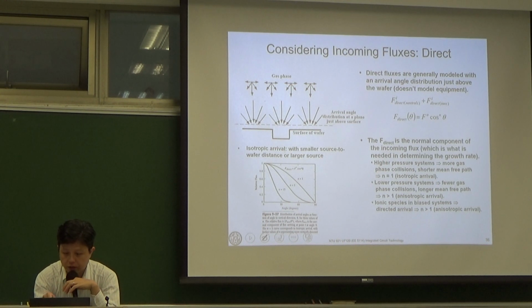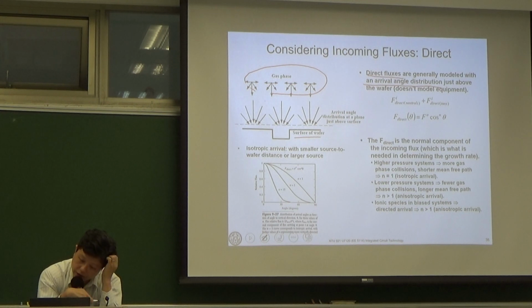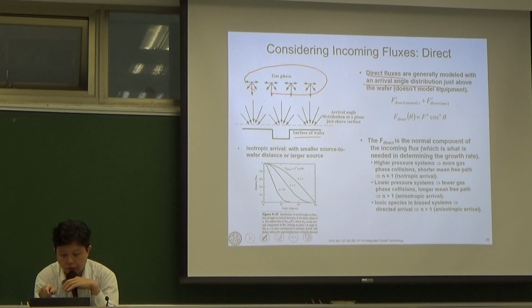So for these direct fluxes, we can model it with an arrival angle distribution just above the wafers. This is the gas phase, where species can move in different directions. Here is the surface of the wafer, and we have different arrival angles with a distribution at the plane just above the surface.